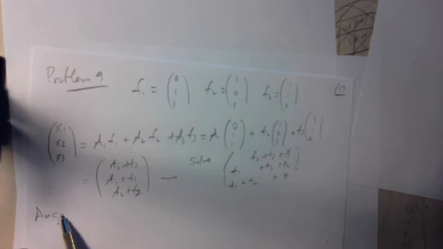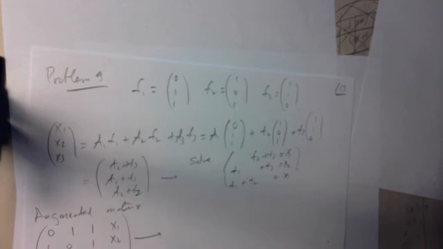So I write down the augmented matrix for these linear equations: (0, 1, 1 | x1), (1, 0, 1 | x2), (1, 1, 0 | x3).